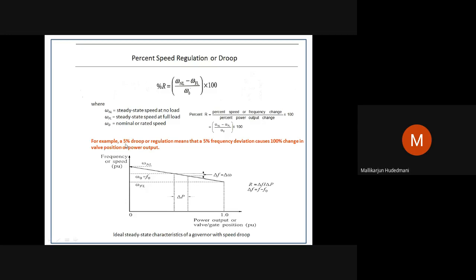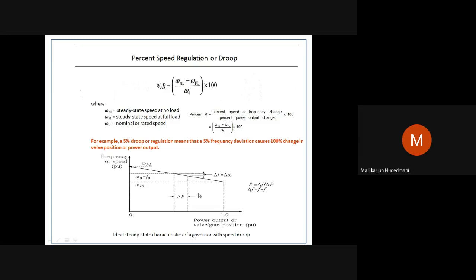What is the meaning of 5% droop? What is the meaning of 5% regulation? It means, you can see here, a 5% frequency deviation. Suppose 50 hertz is the operating frequency. 5% of 50 is called the frequency deviation.